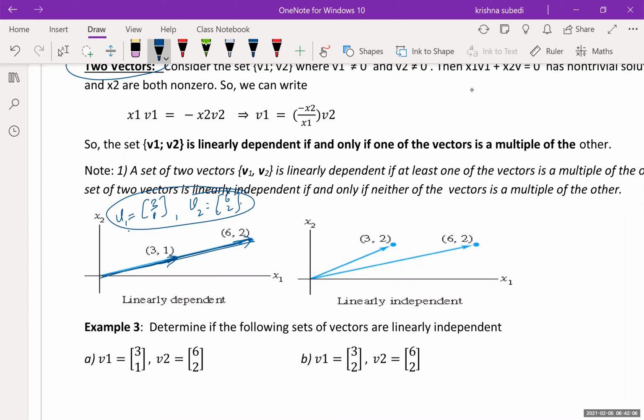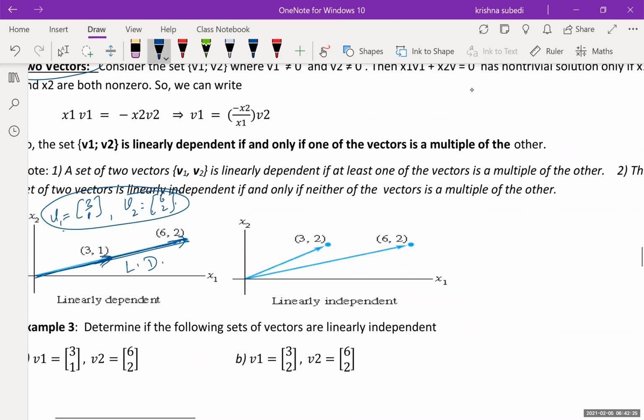So sometimes if I give you vectors in geometrical form, and you notice that the vectors lie on the same line, that means they are clearly multiples of each other, so they are linearly dependent.